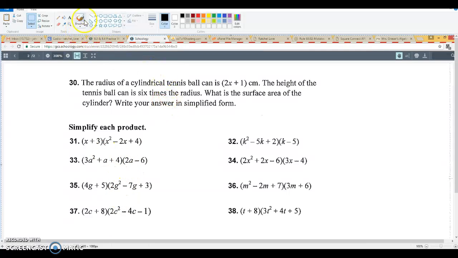Using the distributive property, I can multiply x times x squared to get x cubed.